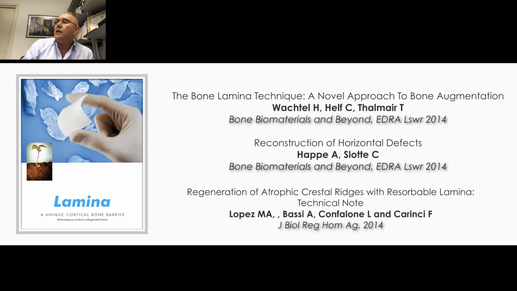We are actually doing a nice lamina course that we run together. We are doing it next week, next Saturday in Rome. It is a 1.5 day course, and this 1.5 day course teaches you how to handle, from simple to very complex, three-dimensional defects with the cortical lamina.